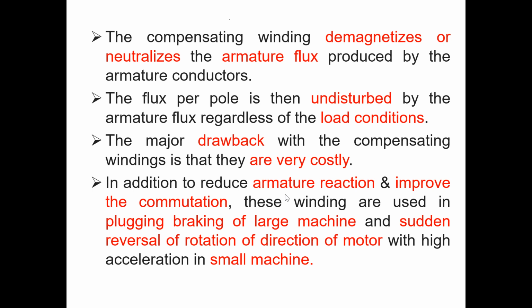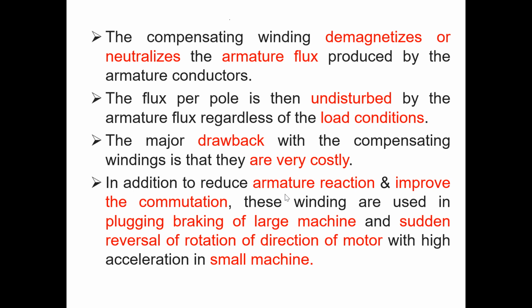In addition to improving the commutation and reducing armature reaction, this compensating winding also fulfills these two requirements. One is plugging braking if the machine is large, and the other is reversal of direction of rotation of the rotor.